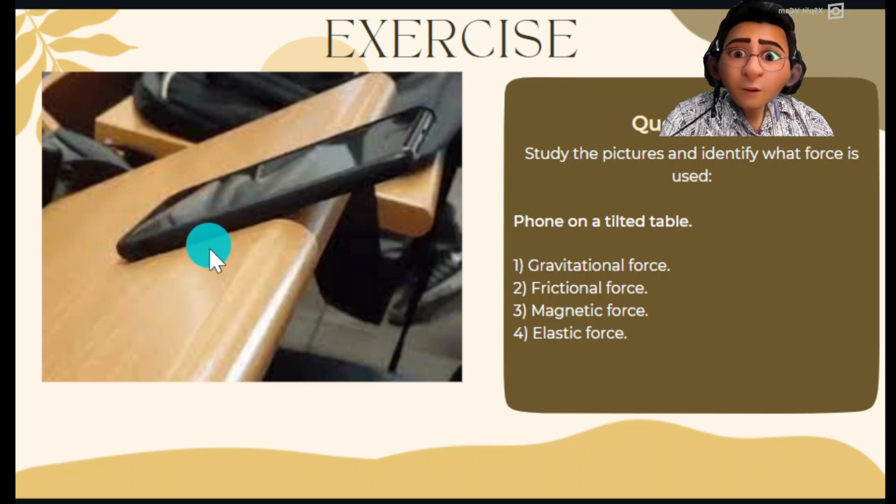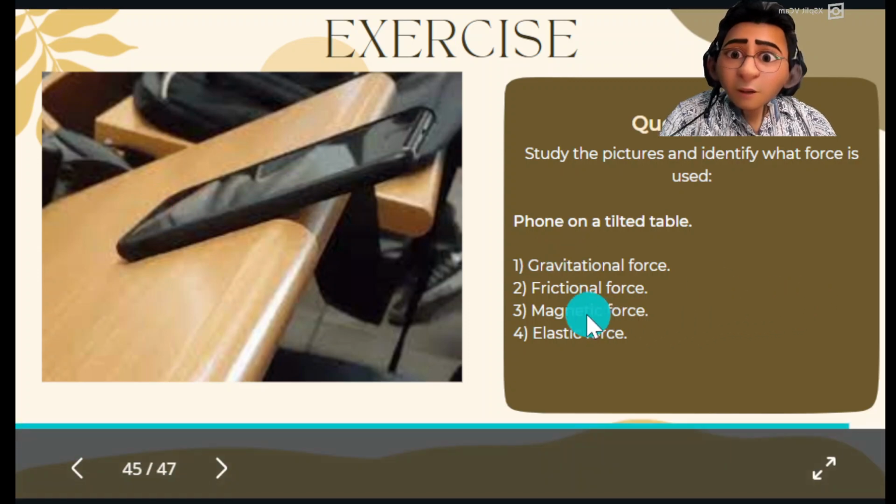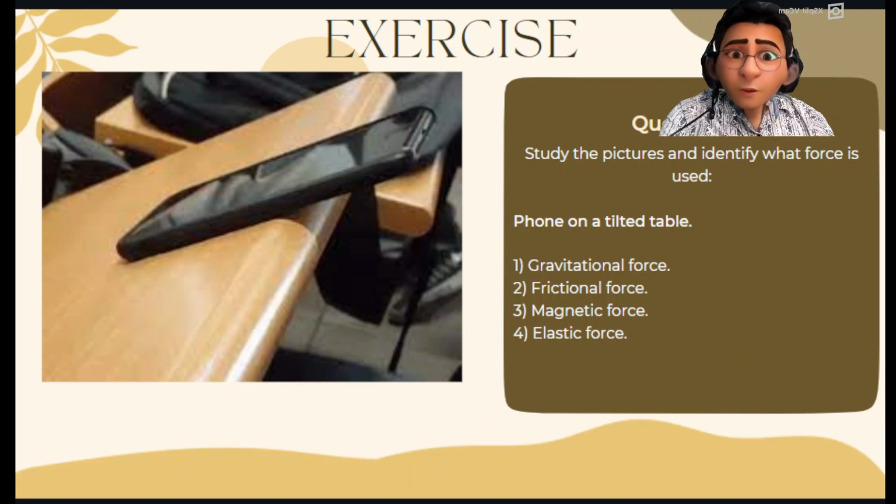The phone does not slide, it is staying there. So what helps the phone to stay there? Gravitational, frictional, magnetic, or elastic? So those are the 10 questions for exercise part 1. For this video, those are the 10 questions.